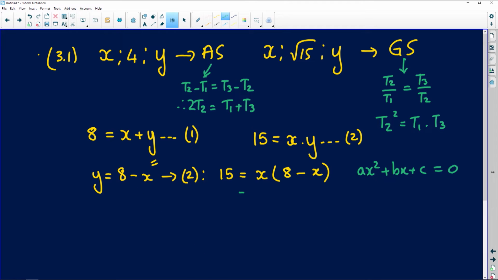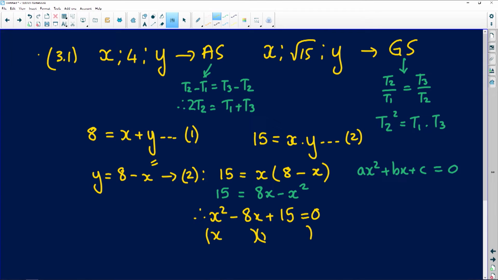So let's do that. This becomes 8x minus x squared, which is 15. I don't like that negative, so I'm going to move everything to the left. Then finally, we'll have x squared minus 8x plus 15, which is 0. That has two beautiful factors, x and x, 5 times 3. The signs are the same. They're both negative. Don't forget your therefore.